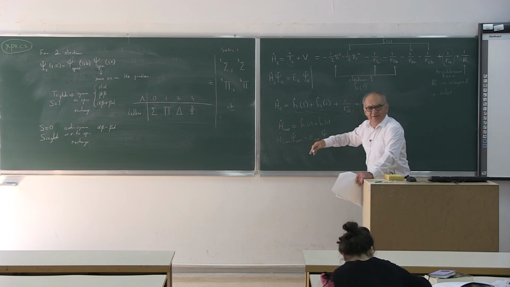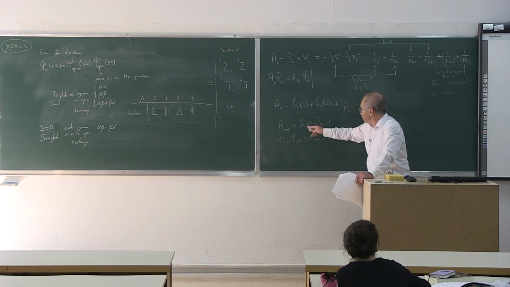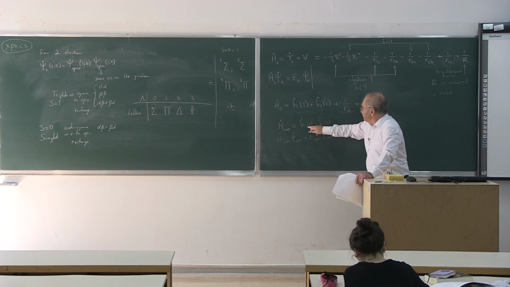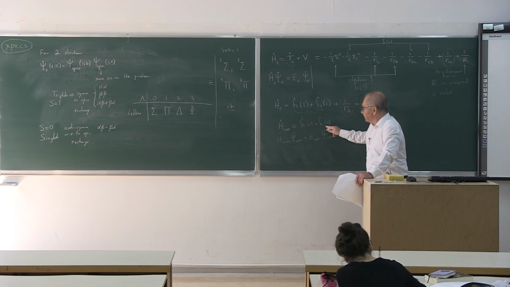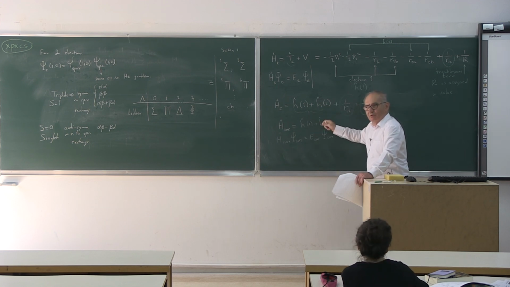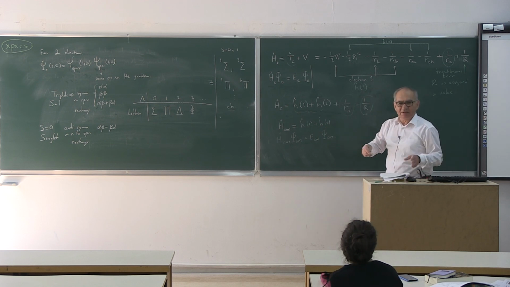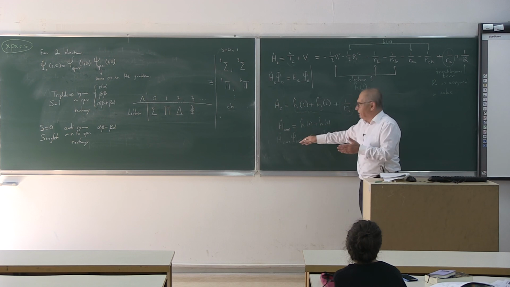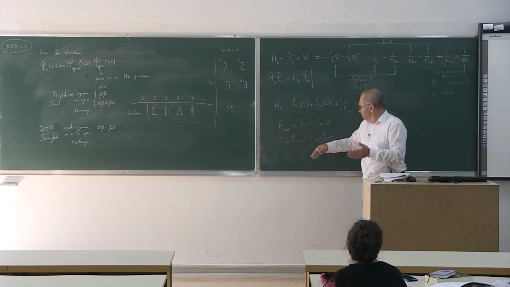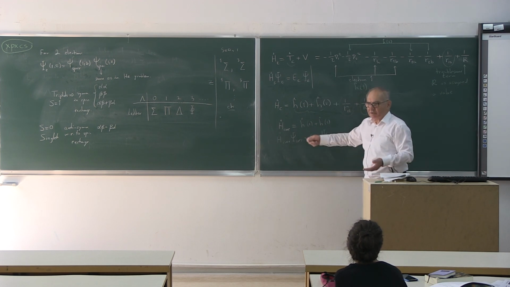How do we understand whether it is separable or not? We examine the expression. There are just two terms. The first term contains variables of electron 1 only, and the second term contains variables of electron 2 only. Whenever this is the case, the Hamiltonian is separable. It means the total energy is a sum, and the total state function is a product.